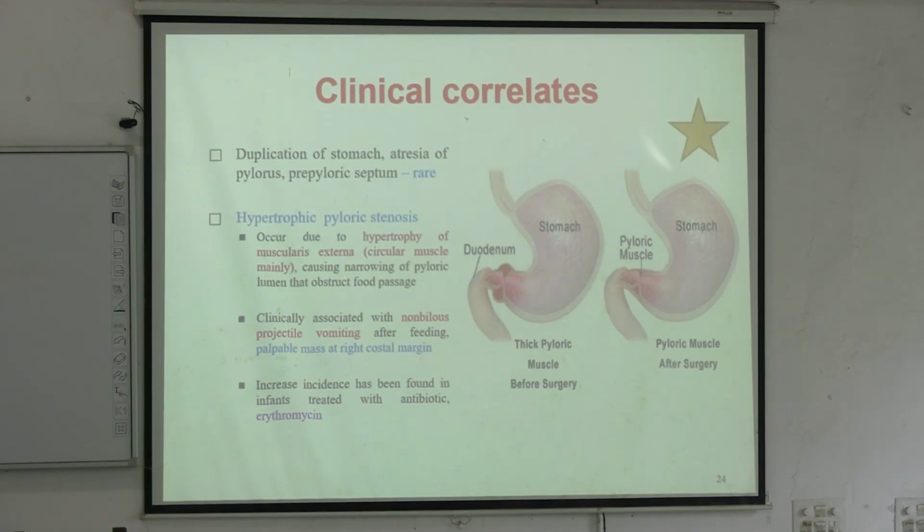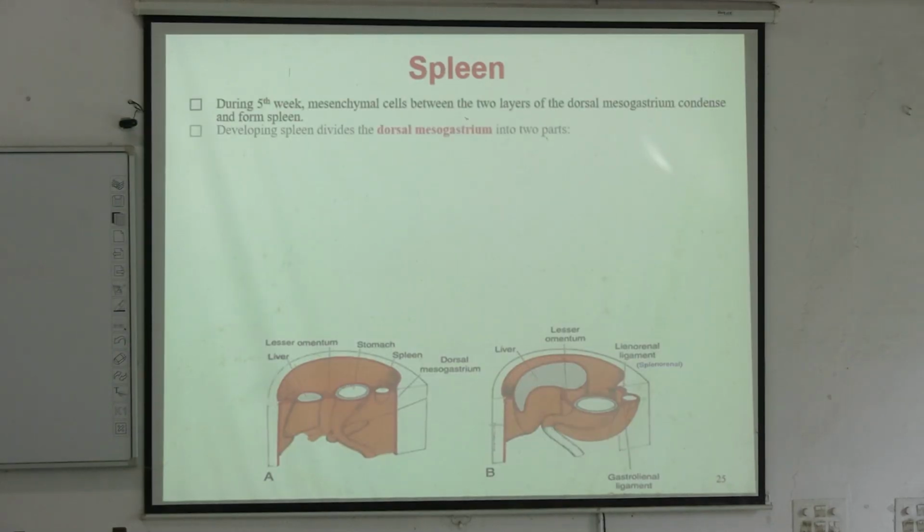If this narrowed lumen of the pyloric region is present congenitally, we call it congenital hypertrophic pyloric stenosis. A kid born with this problem comes with a vomiting tendency afterwards, whenever it takes food, about half an hour after taking the food, the kid throws out all the food material. So we call this clinical condition hypertrophic pyloric stenosis. That's what you have to understand.